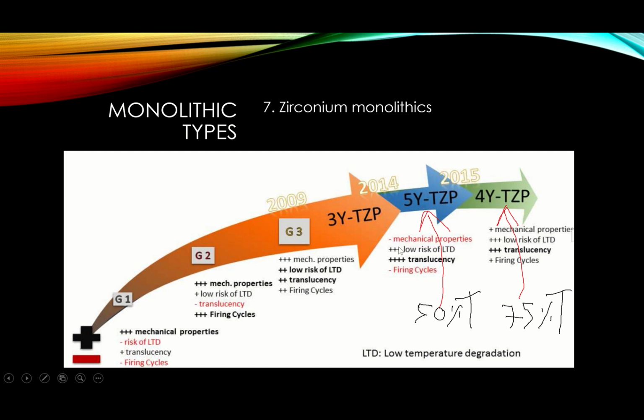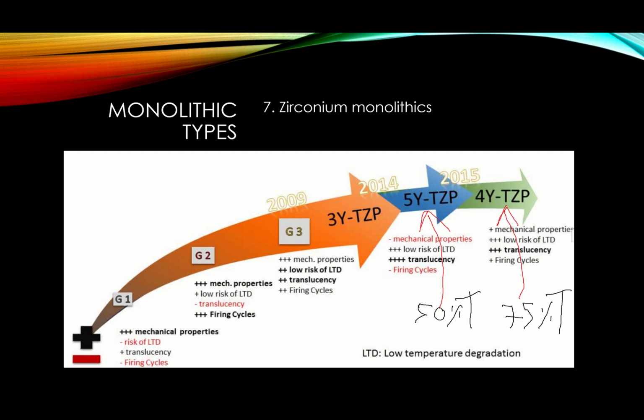That's why it led to weaker mechanical properties. 5-yttrium zirconia is weak, but mechanical properties in 4-yttrium zirconia are higher. It has better mechanical properties because we increase the tetragonal content. So in other words, the tetragonal content is related to the strength. More tetragonal content in the zirconia block, more strength and less translucency.